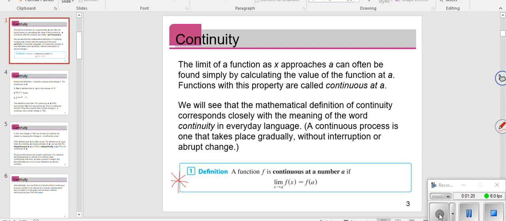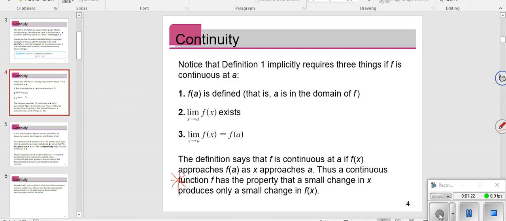The next slide is also important. Oh, I forgot I need to erase. So these three things are essentially what's implied from the definition we just talked about. These are the three things that have to be true in order for a function to be continuous. And you might think that's not a big deal, but in calculus, what we can do with continuous functions versus other functions, it's a big deal.